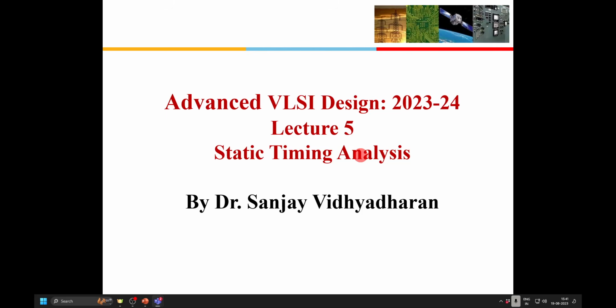Once you do the placement and routing, and we have the clock circuit also, the clock circuit which is feeding the clock to the various flip-flops within a chip, when even that is done, post that we will do a static timing analysis. So why do we need to do a static timing analysis? How to go about doing static timing analysis? That is all we are going to learn in this particular class.